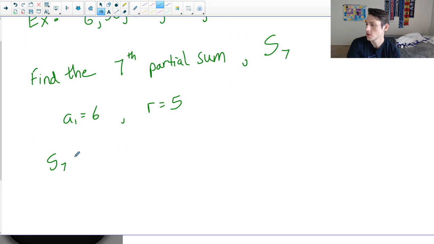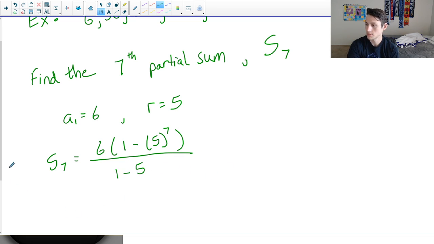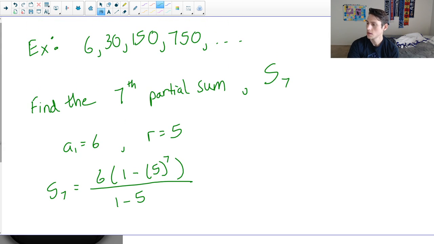Okay, so let's use our formula. So A1, 1 minus the ratio to the nth, so 5 to the 7th, divided by 1 minus the ratio. So just plugging everything in.